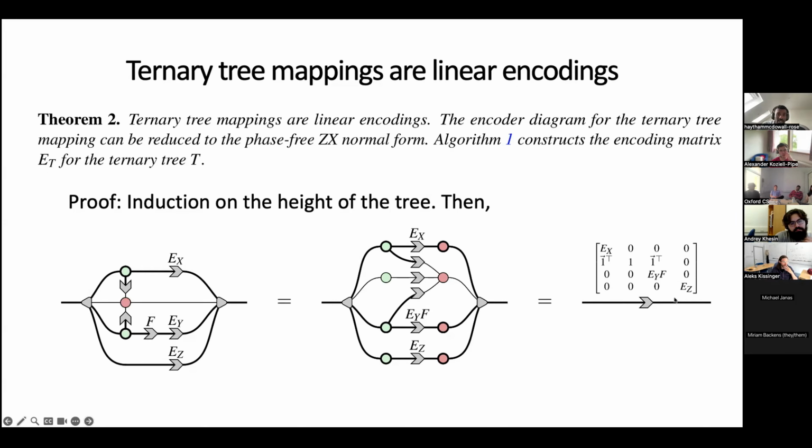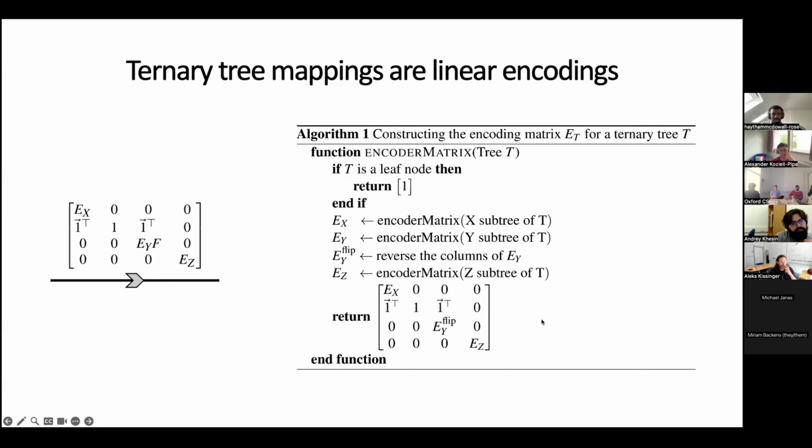And if we keep doing this inductively down until we've reached the leaves of the tree, that is this algorithm here, which, given a ternary tree, gives you back the matrix associated with that ternary tree. I have not coded this, but it shouldn't be too hard to. This is literally the pseudocode. So that's how you translate between ternary trees and linear encodings.